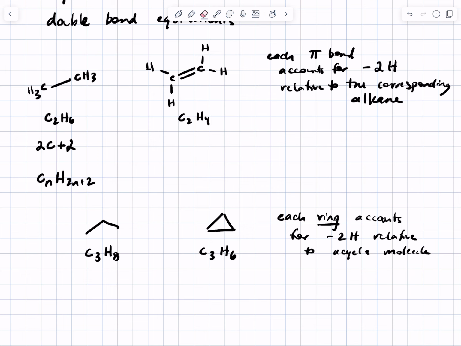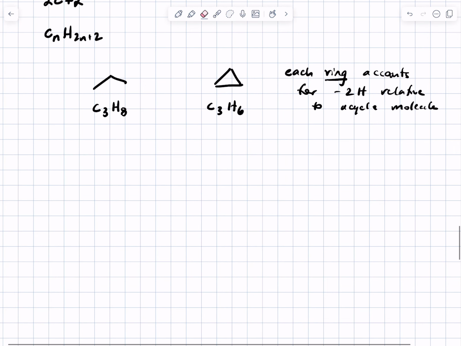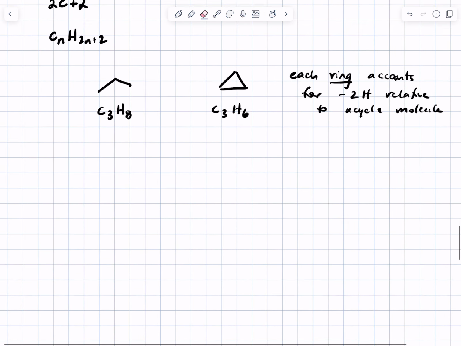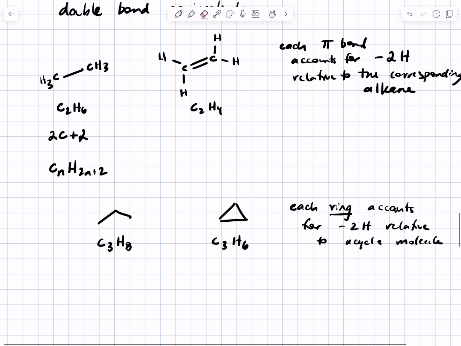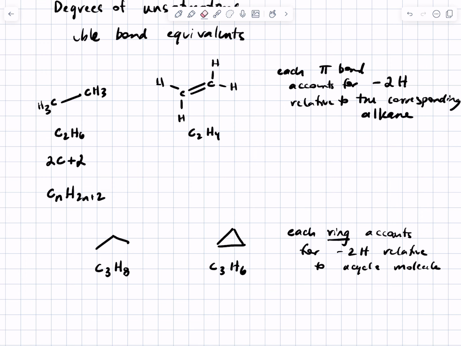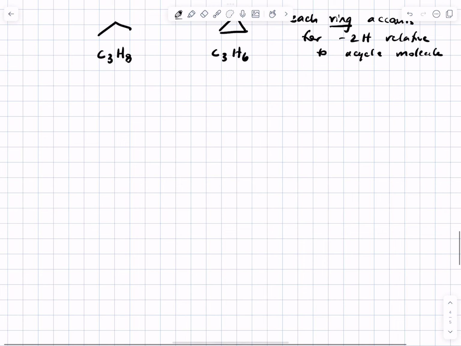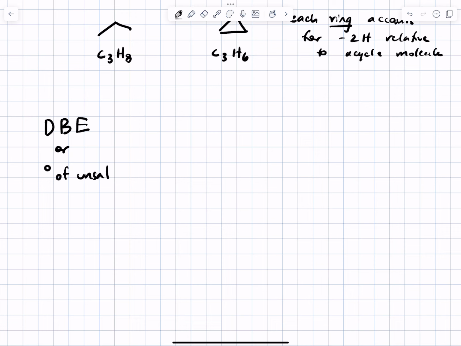Okay? So let's just demonstrate this. The way you can do this is to calculate either degrees of unsaturation or double bond equivalence. Degrees of unsaturation.